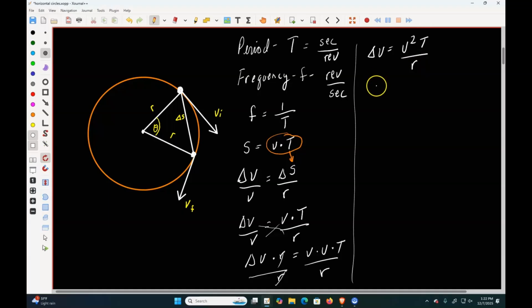From earlier lessons, you know that acceleration is equal to the change in velocity over time. So let's use that here.